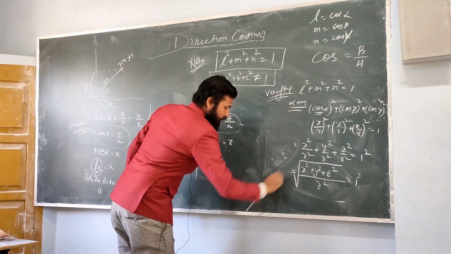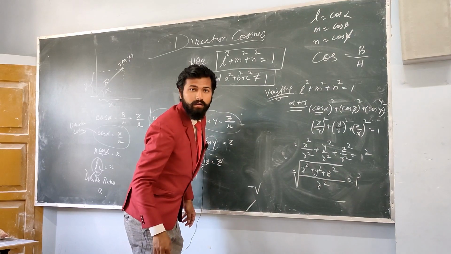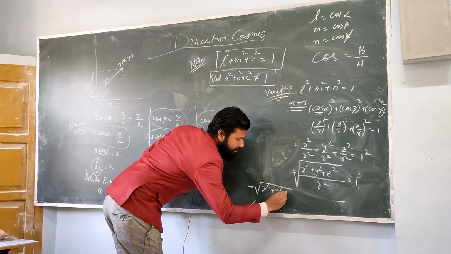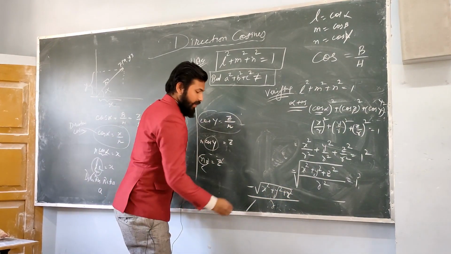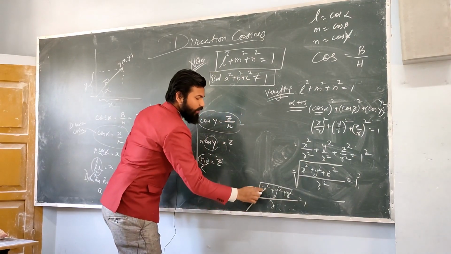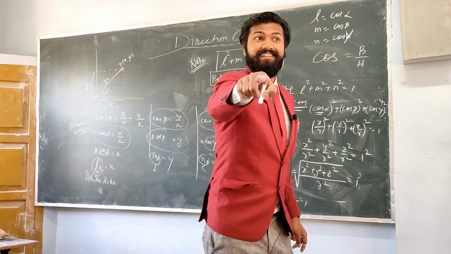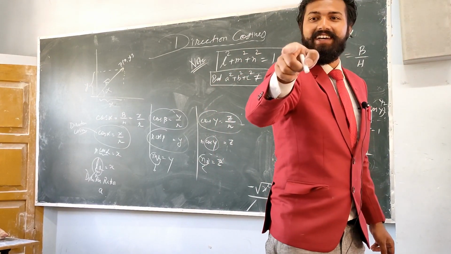Next point. This root belongs to whom? Numerator or denominator? Can I write root of x square plus y square plus z square, by r? Any problem? This root of x square plus y square plus z square in a position vector, what did we learn? Magnitude.